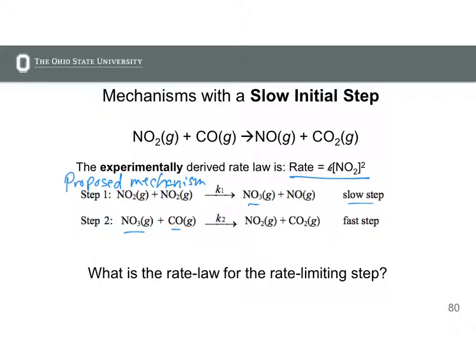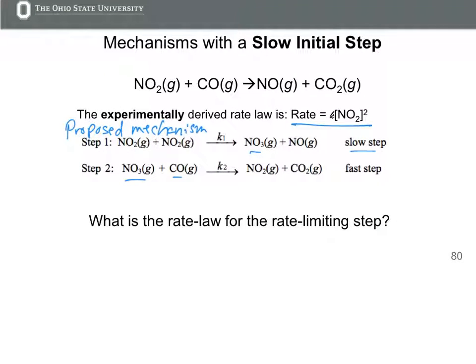So what would be the rate law for the rate limiting step? In this type of instance, the rate law is based on what you would predict based on the slow step.